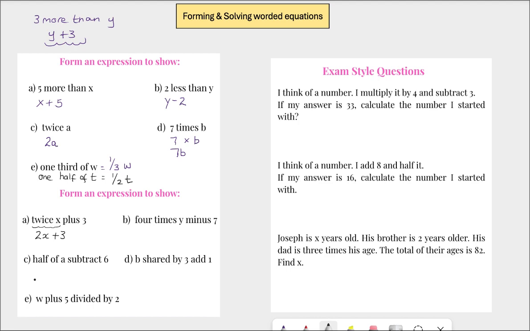That's not rocket science, guys. So there's 2 steps there. 2x plus 3. Next one. 4 times y minus 7. So let's break it down. 4 times y. We know that when we times, it sticks together. 4y. So that's what 4 times y is in algebra. Remember, we've got it up there. And we know what minus 7 looks like.